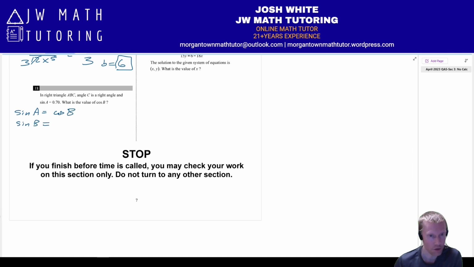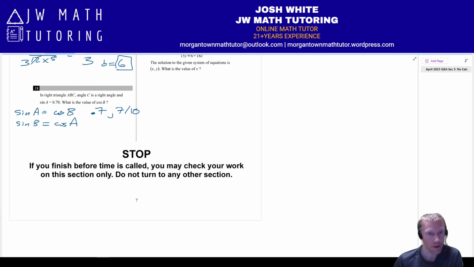Okay, and that's going to be true for both angles. So in other words, the sine of A is equal to the cosine of B, or the sine of B is equal to the cosine of A. So that means in this problem, if sine A is 0.7, that means cosine B is also 0.7. So the correct answer is just either 0.7, or you could also grid it in technically as 7 divided by 10 if you want to put it in fraction form.